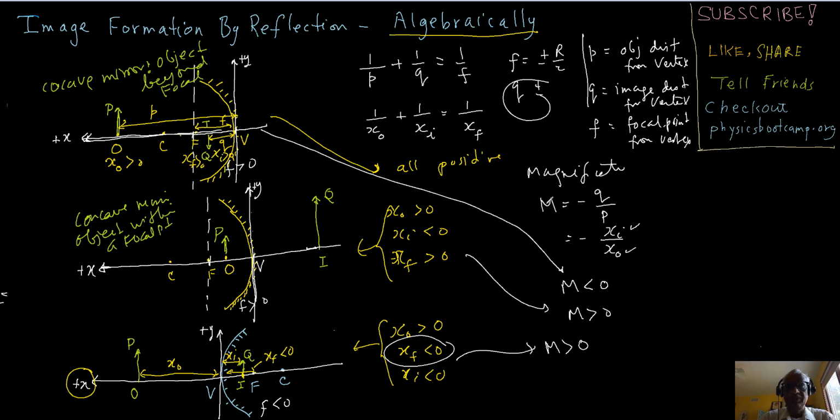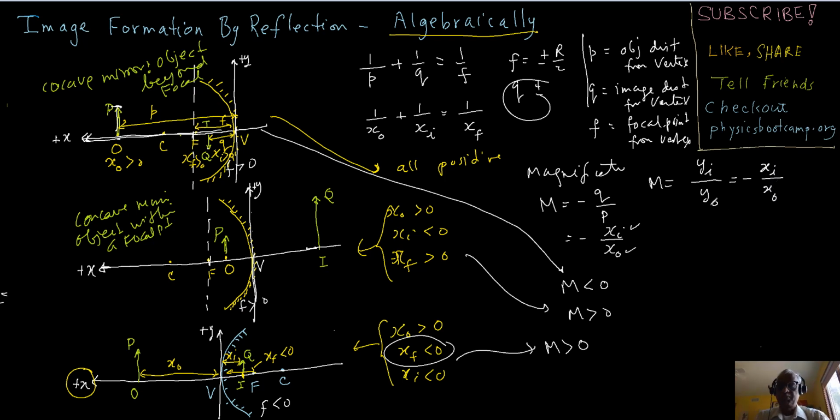So magnification: if I have the size y of object and y of image, this ratio should be equal to minus x of image over x of object.